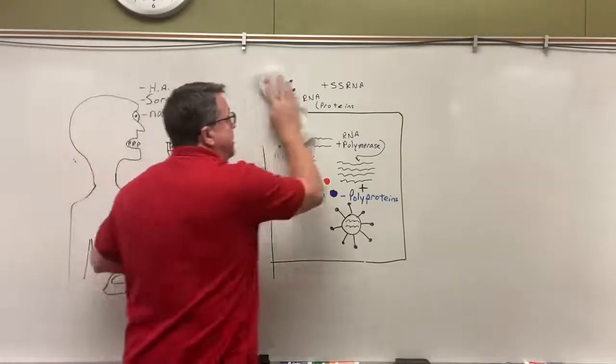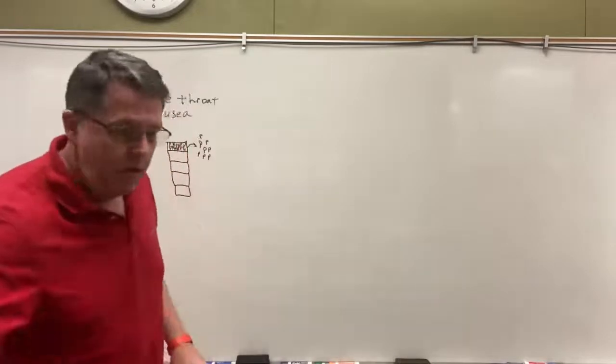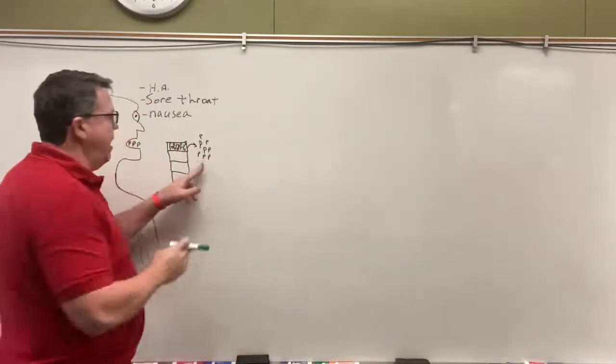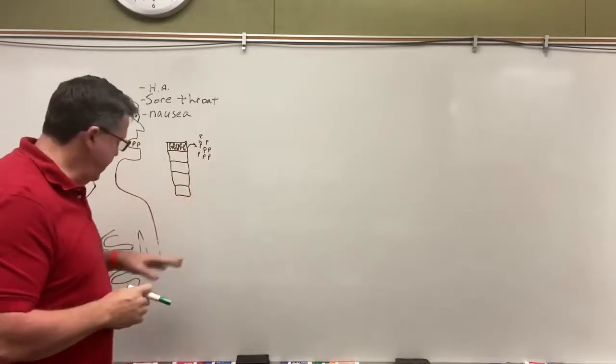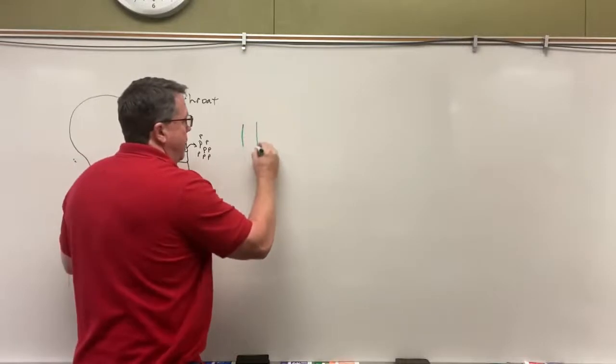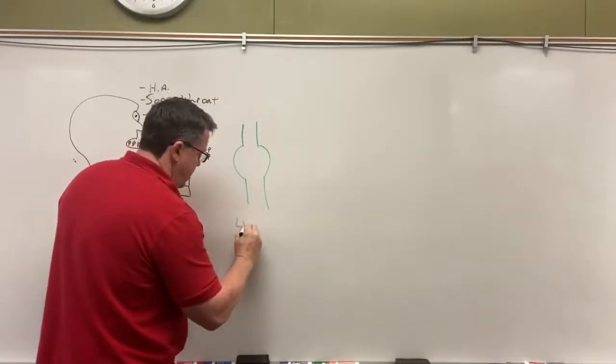So now, what's going to happen from here? I'm going to erase this. The virus is now outside of the cell. Okay, it's outside the cell, either here or here. It can enter into the lymph system.